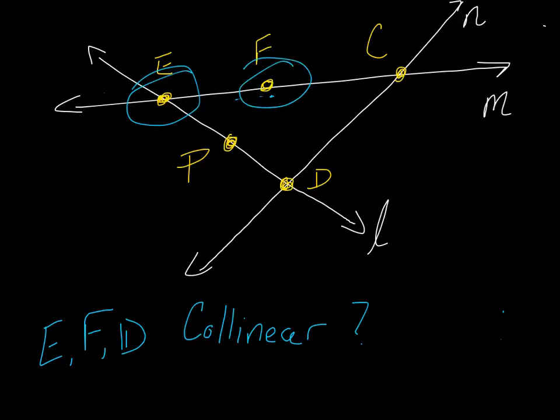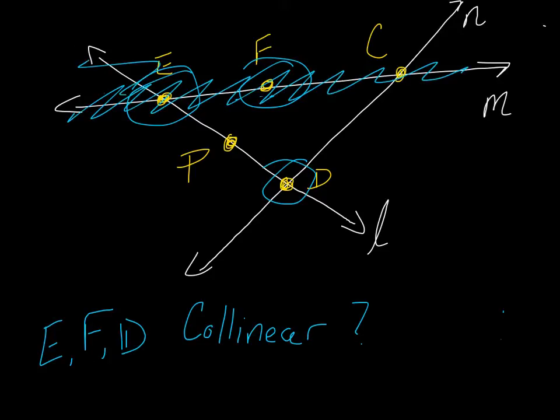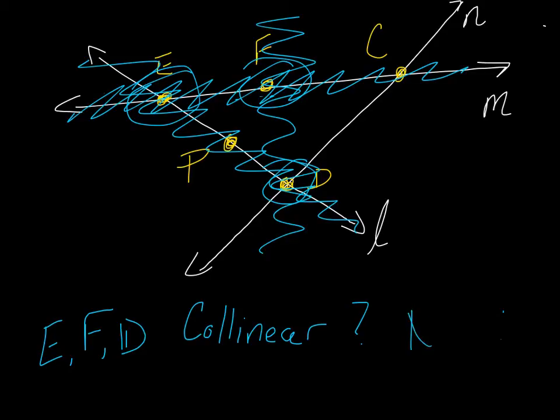Well, I need to be able to draw a line through all 3 points, and only one line. Now if I try, I could draw a line through E and F, but it doesn't hit D. Or I could draw a line through E and D, but it doesn't hit F. And I could draw a line through F and D, but it never hits E. So there is no one line that I can draw and hit all 3 points, so my answer is no. E, F, and D are not collinear because there is no one line that they all share.